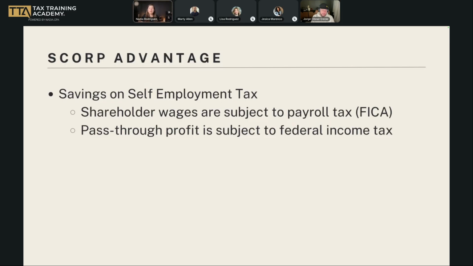We only have to pay the payroll tax on the reasonable wage, the reasonable compensation that the shareholder is supposed to receive. Any profit after that flows down to the S corporation shareholder, no longer do you have to pay any type of self employment tax. Before, as a Schedule C, you were taxed 100% on that profit for self employment tax.